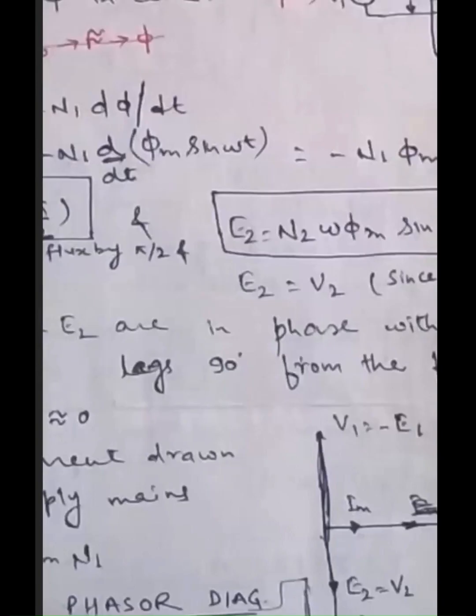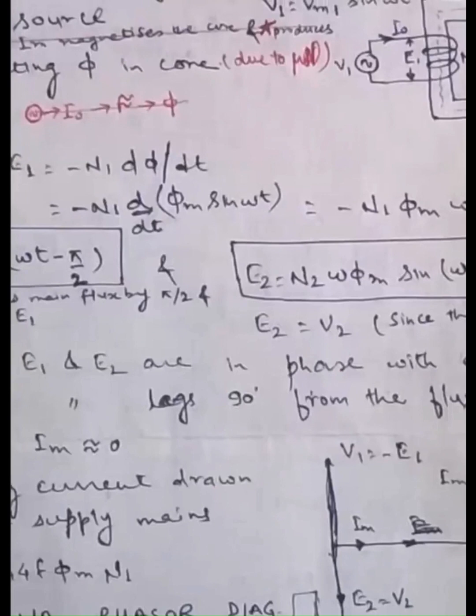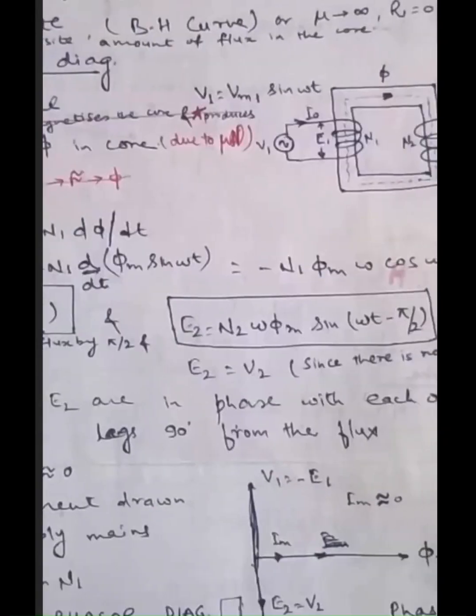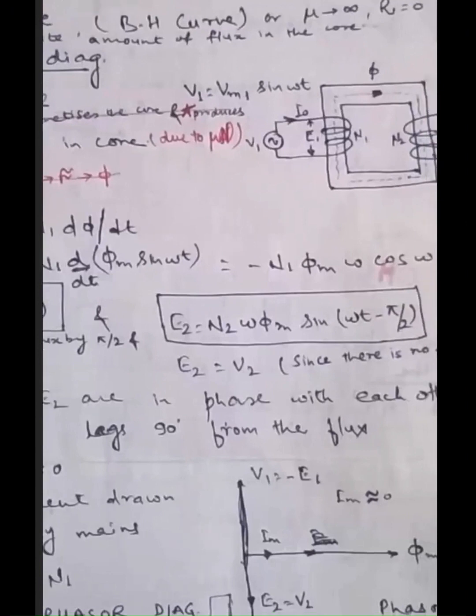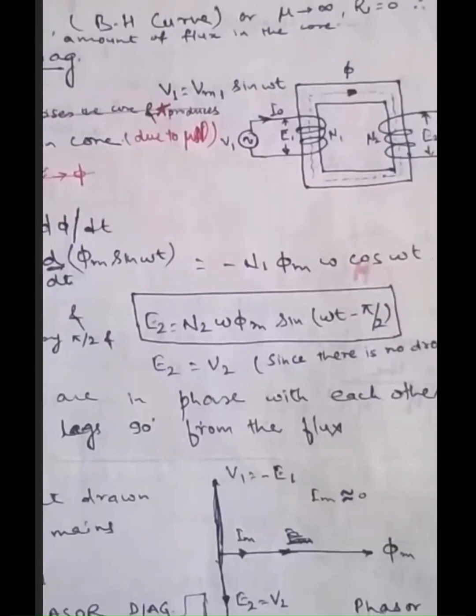The flux developed is phi m sin omega t, sinusoidal. So we can substitute this phi m sin omega t in the formula, and the derivative of phi m sin omega t becomes cos omega t times omega.